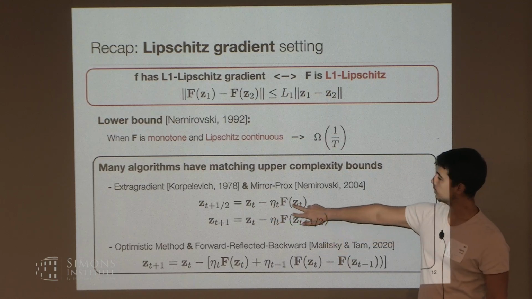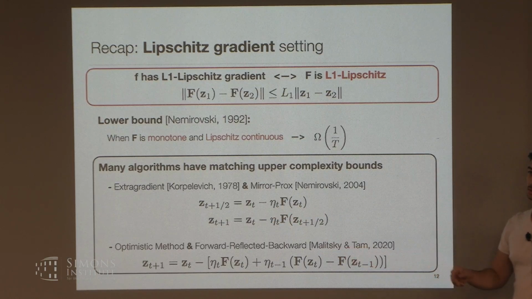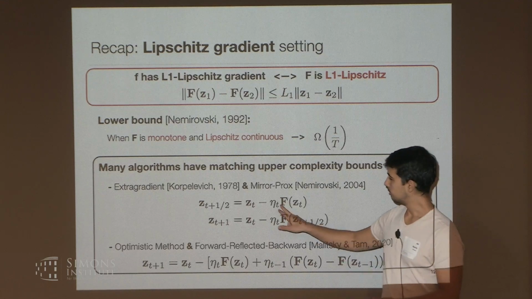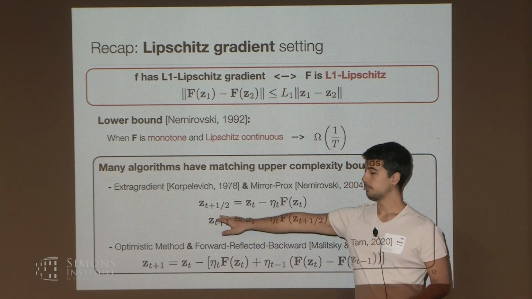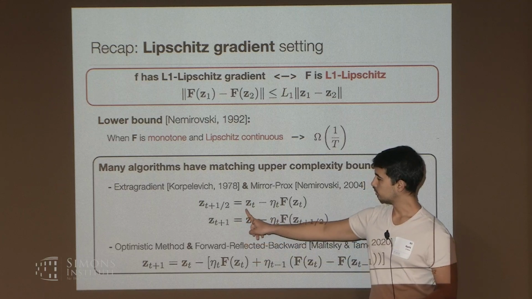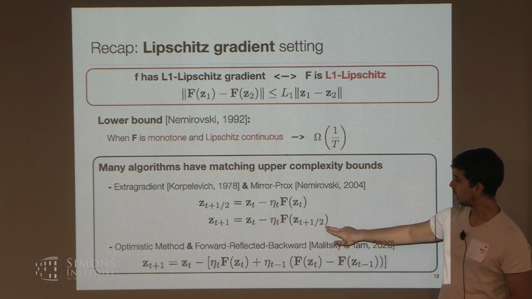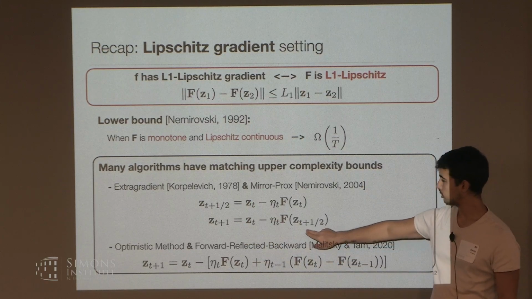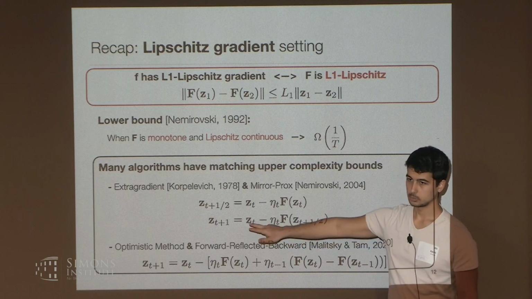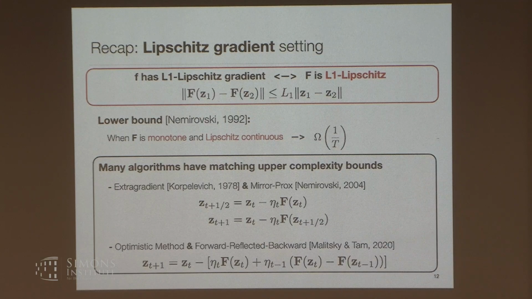Once we're dealing with operators, it's not very meaningful to call it a direction of descent, so let's call this a direction of progress. Then we take a step and go to this middle point. Then we go back to our initial point, but now our direction of progress is computed with respect to this middle point, and then we go to the next one. So we can say that there's some correction happening.